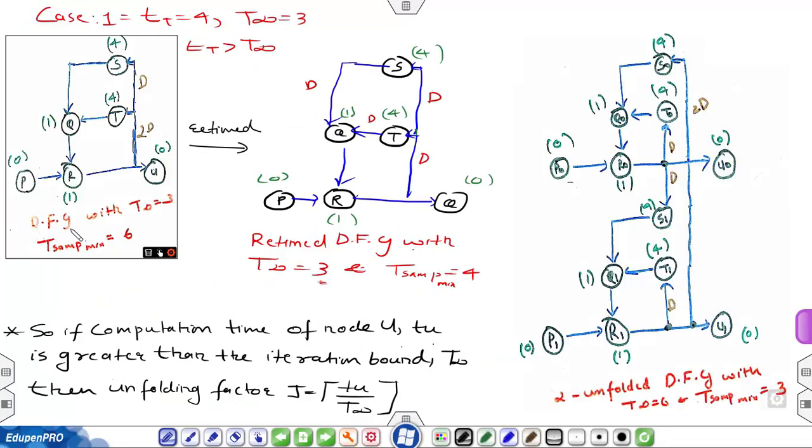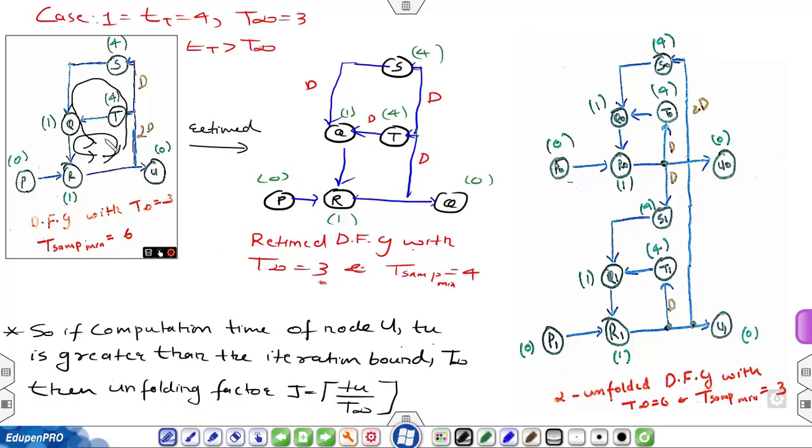So coming to case 1, this is a DFG and the computation time of node T is 4 unit time and the iteration bound is 3. In this DFG, two loops are present, loop number 1 and loop number 2.